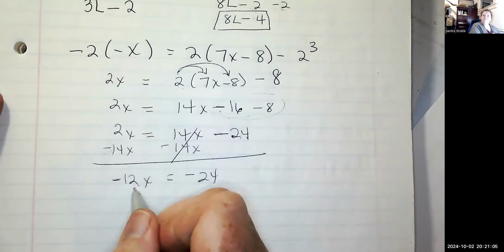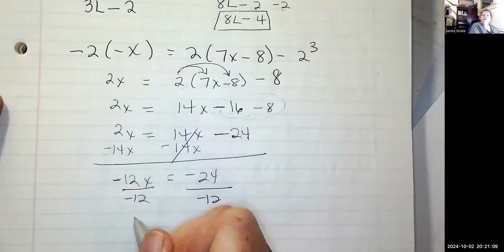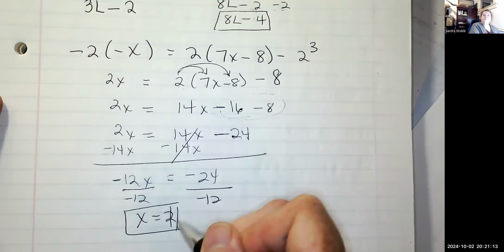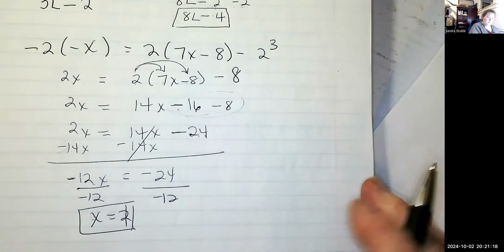And then the last step, divide both sides by negative 12. Negative divided by negative is a positive. So x is equal just to positive 2. All right, one more. Three sides of a triangle are consecutive integers.